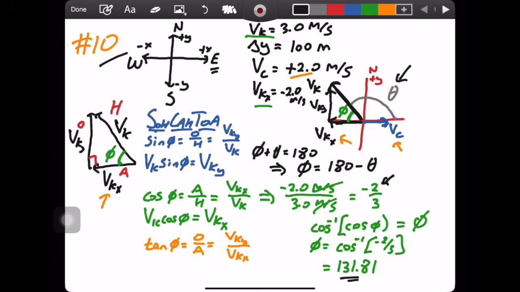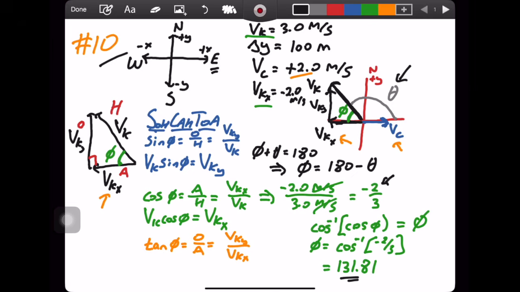However, because I want to use SOHCAHTOA and just use that right triangle to figure out my x and y components, I know that phi can also be defined if you start going directly west, i.e. directly the negative x direction, and you sweep clockwise.